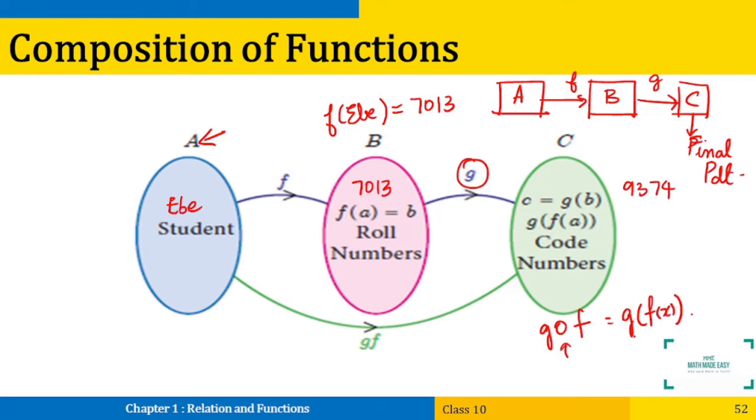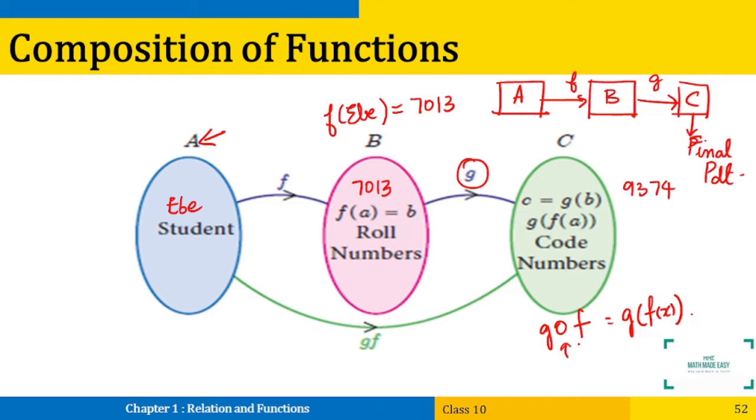In order to evaluate g, you have to evaluate f first of all, and then give that as an input to g. So remember, what values will g take? The range of f will be taken with g. The function g takes the output of the function f as an input.